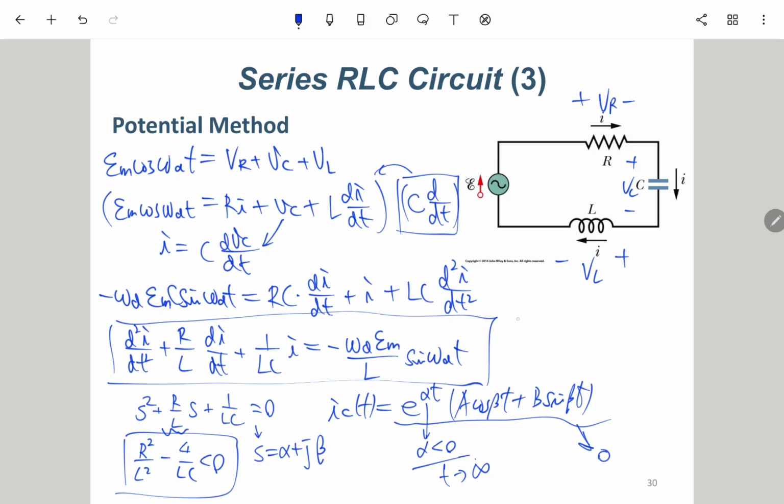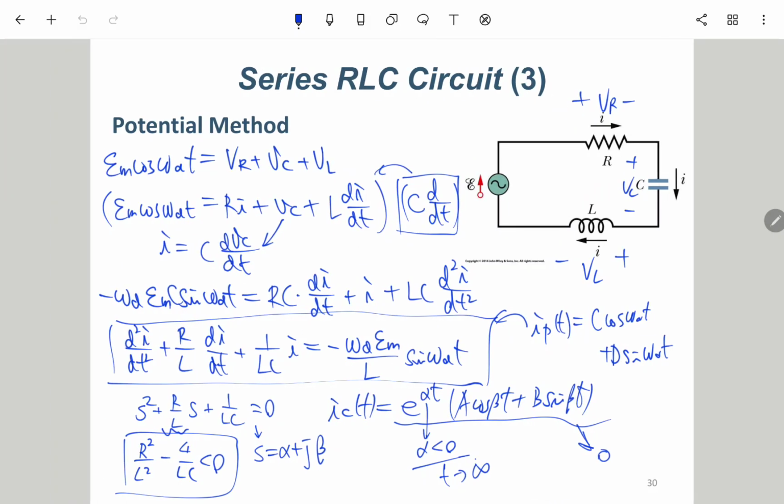But finally, we still need to get the I_P, the particular solution. It will be still C cosine of omega_d t plus D sine omega_d t. And then you need to plug this back into the equation to solve for C and D. This will be very tedious work, so of course I don't go through it here.